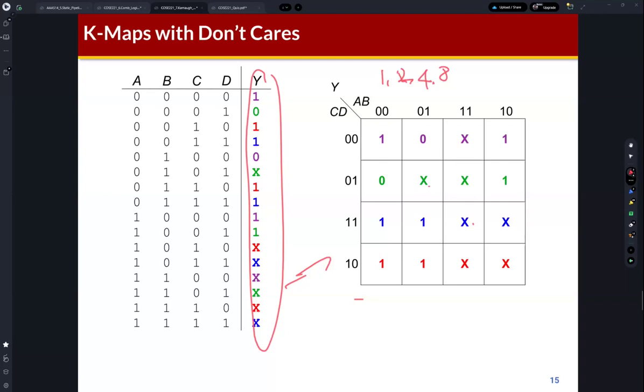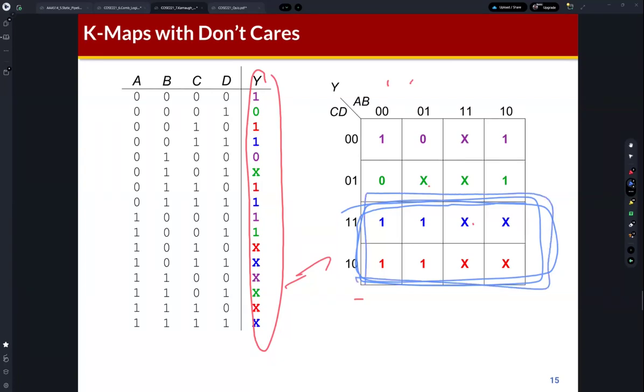Then if we use don't care, firstly we can find the largest circle like this. We can think that this X is the 1, right? So we can firstly define this circle that includes 8 elements. How about this one? We can also include the large circle right here.